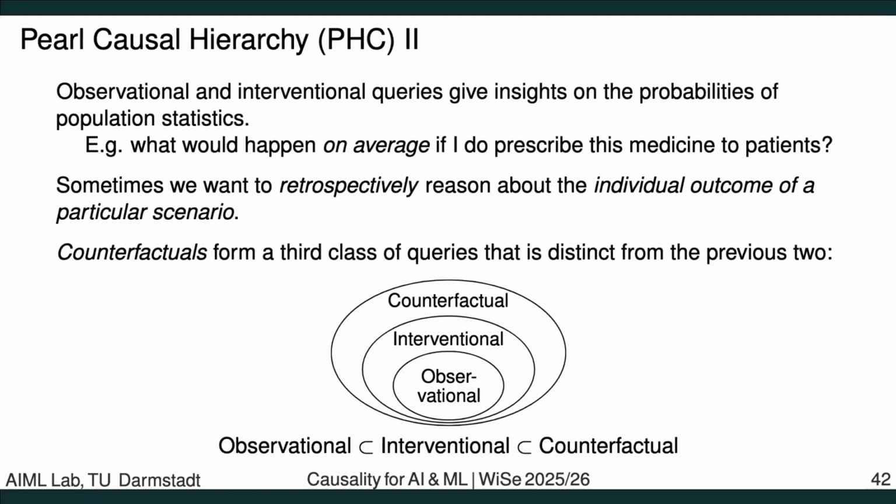So what we will show again, there are formal proofs, but they are very intricate, and we will stay on the intuition level here. But basically, the difference is that interventional queries reason about average effects, and counterfactuals then form this third level on this ladder of causality, which basically do an additional step that reasons about the unobserved noise.